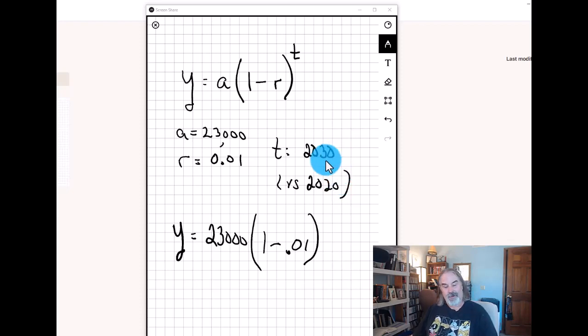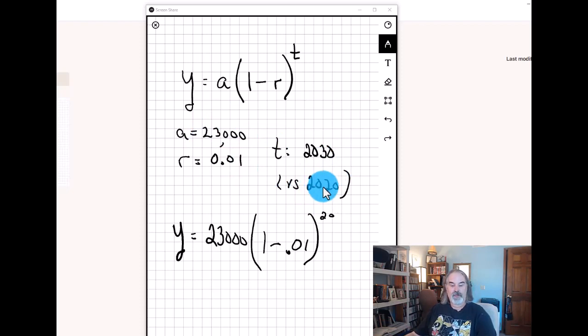Don't write this down. Right? When I load 2030 up into t, that is wrong. That will give us a totally ridiculous answer. Yes, the year is 2030, but how much time has gone by since the starting point? This 2,300 goes with the year 2020.